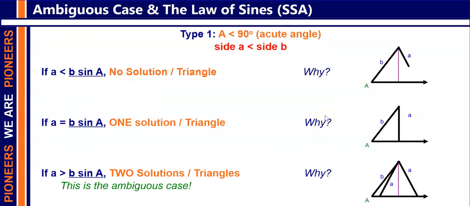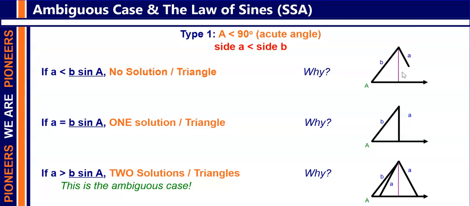So here's type 1. If your angle given to you is less than 90 degrees, or an acute angle, and the side opposite from that given angle is shorter than the other side, then you have to compare the side a with the height of the triangle.